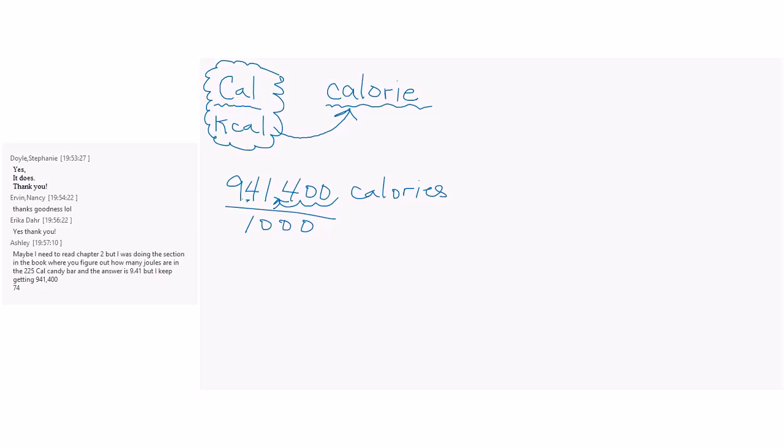Okay, I'm just going to clear this up. Select all. There we go. So let's look at that question. The question is, as you said, you have a candy bar that contains 225 of the big calories of nutritional energy. How many joules does it contain?